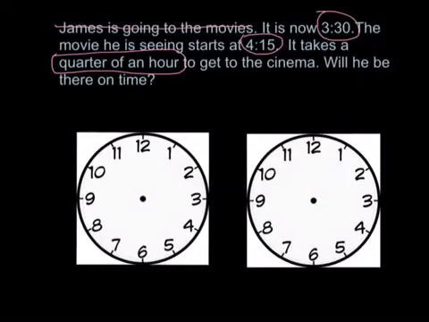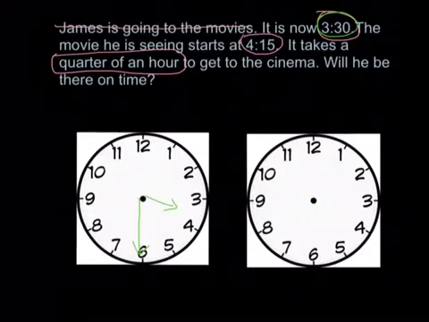So I'm going to start with this bit of information up here, 3:30. I'm going to draw that time on the clock. So the minute hand will be on the 6, and the hour hand will just be past the 3. Okay, it's 3:30. We know the movie starts at 4:15.